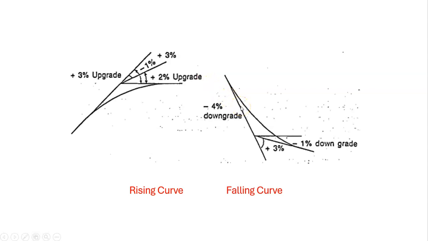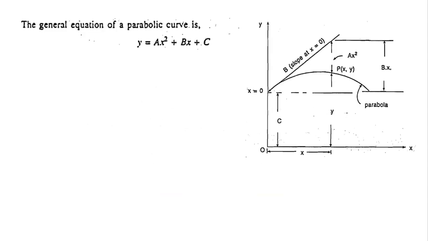The falling curve will always have a downgrade first, and then the other one is a downgrade too. Here you'd be able to see the changes. It could be sharp, it could be smooth changes in the gradients. So basically vertical curves are the curves which are provided between two grades.